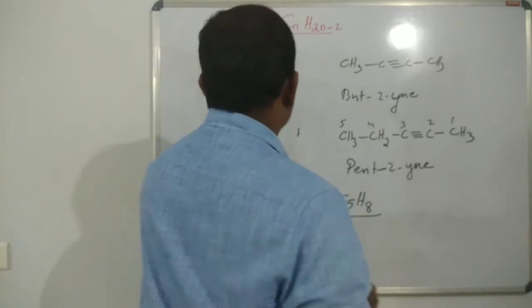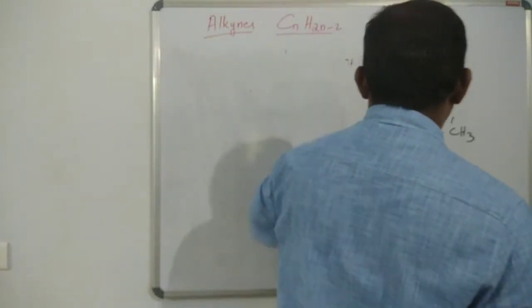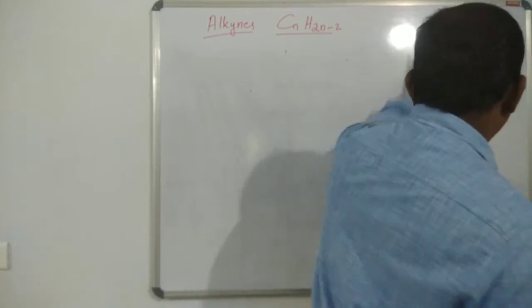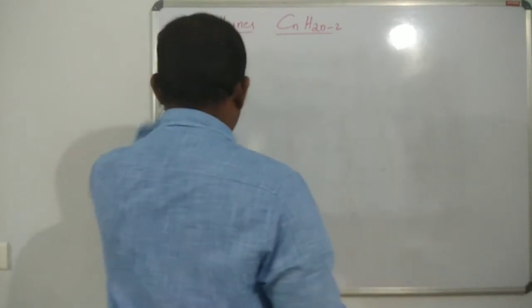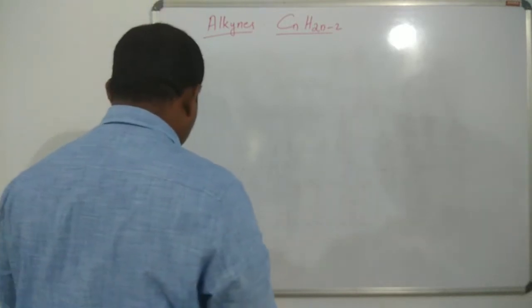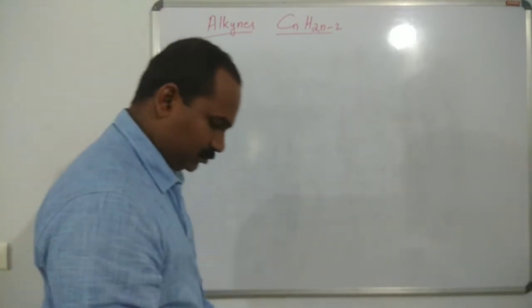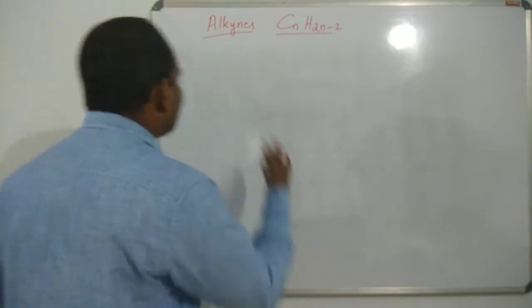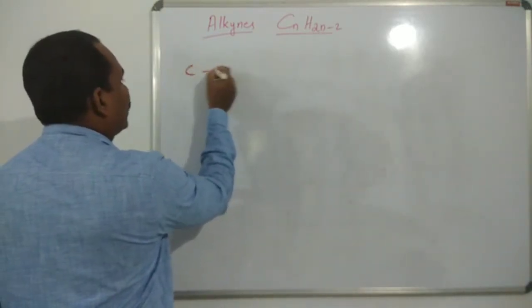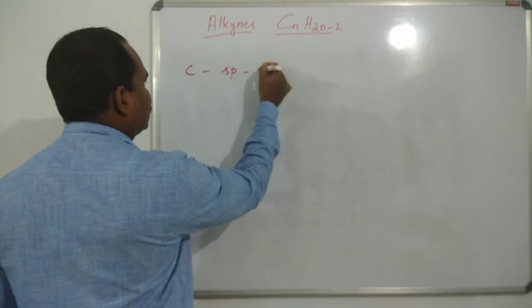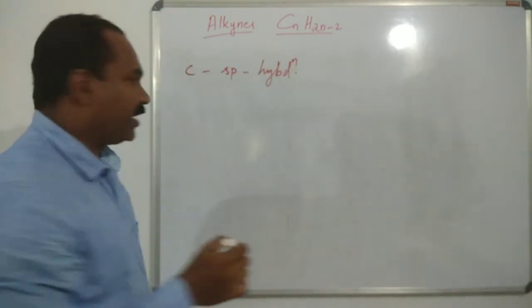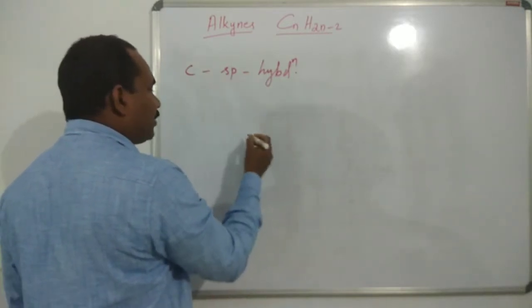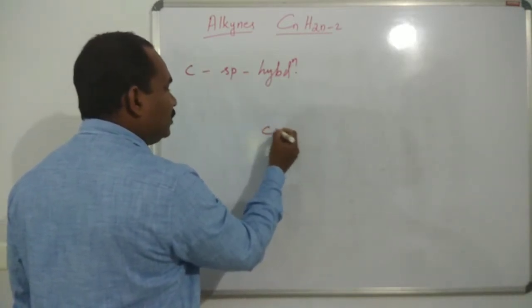In alkynes, the hybridization is sp hybridization. Carbon atom is sp hybridized.